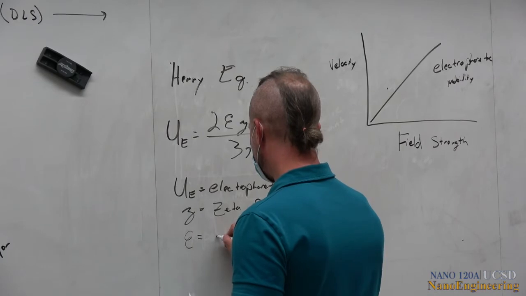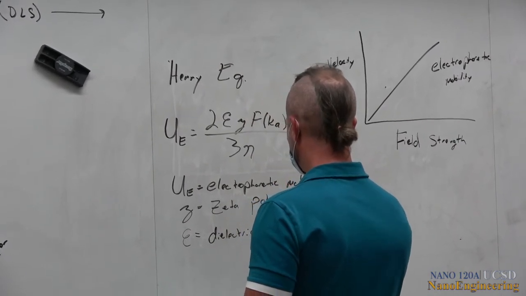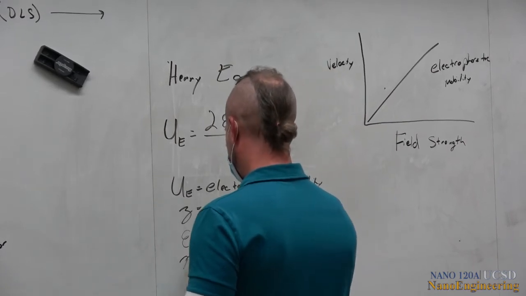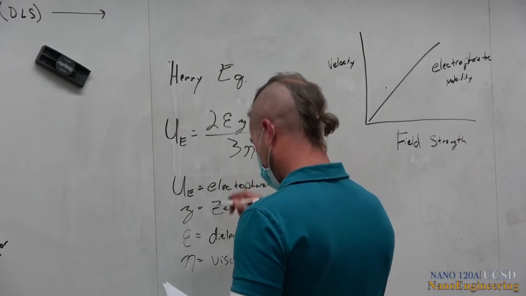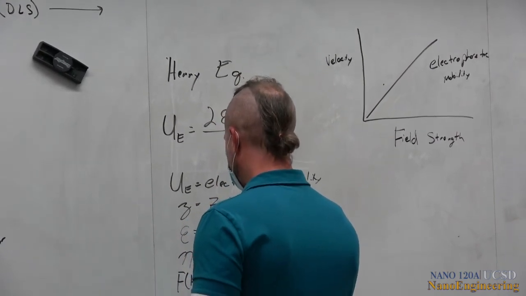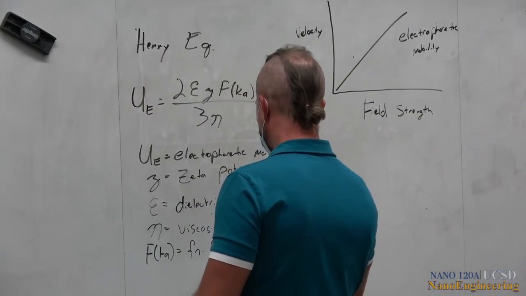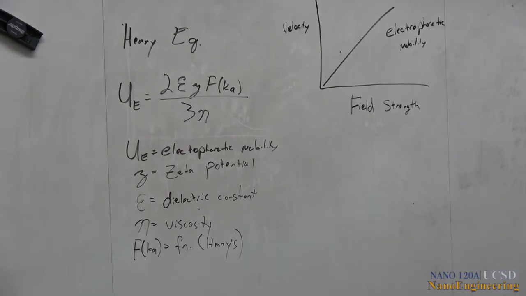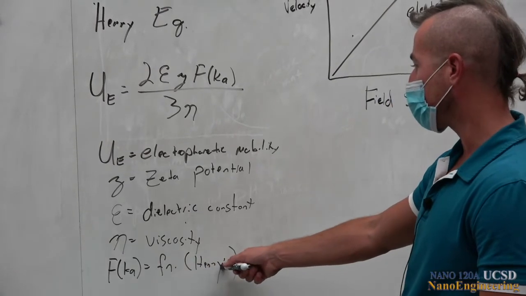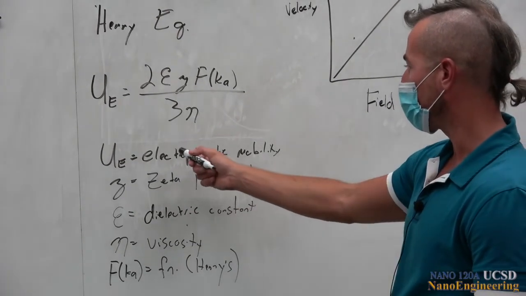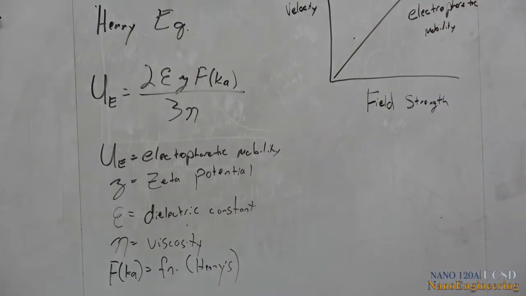Epsilon is the dielectric constant, and there's the viscosity. What else is up there? This term is a separate function, Henry's function, which I'm not going to talk about. So we know the dielectric constant, we know the viscosity, we can get this from a textbook, and we're going to measure the electrophoretic mobility, and so that's how we back calculate the zeta potential.